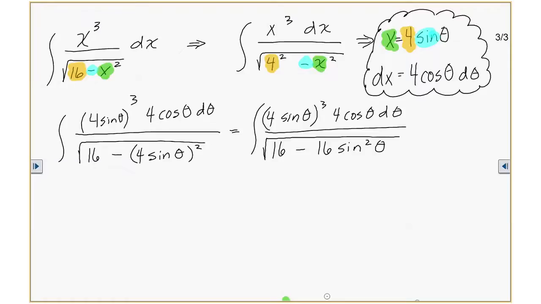Now does the 16 stay in the radical? Yes, it does. But you haven't taken the square root of it.